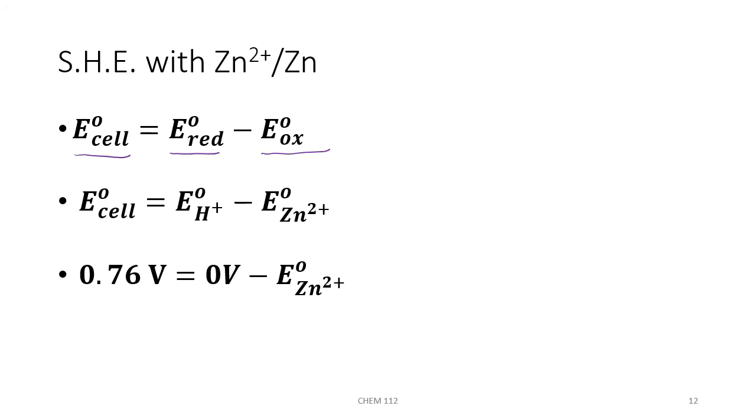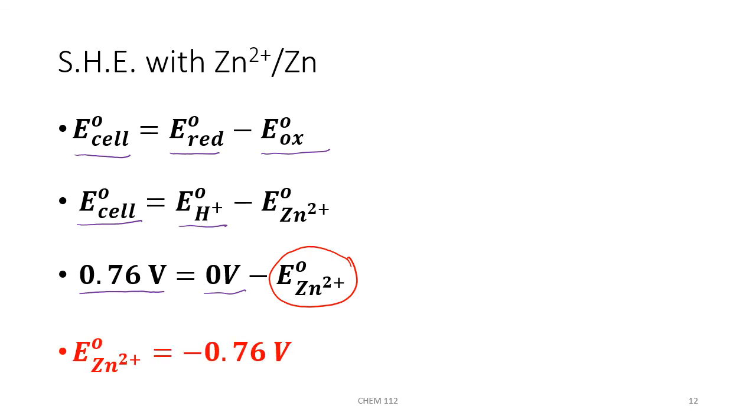So for our E cell, we plug in our 0.76 volts that we read off the voltmeter. For our S.H.E, we plug in 0 volts because that's what it's assigned. And we can solve for that missing standard reduction potential for our zinc half reaction. And so just mathematically rearranging this equation, we end up getting that our standard reduction potential for the zinc is negative 0.76 volts.